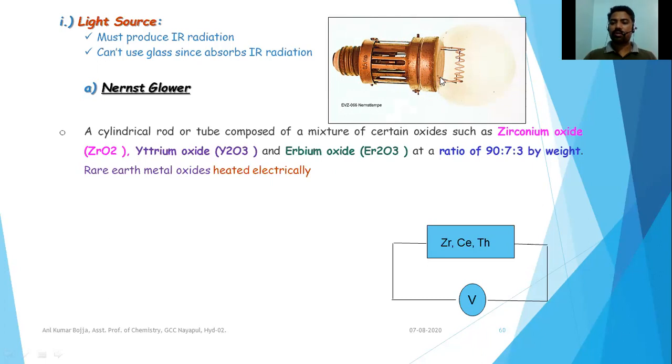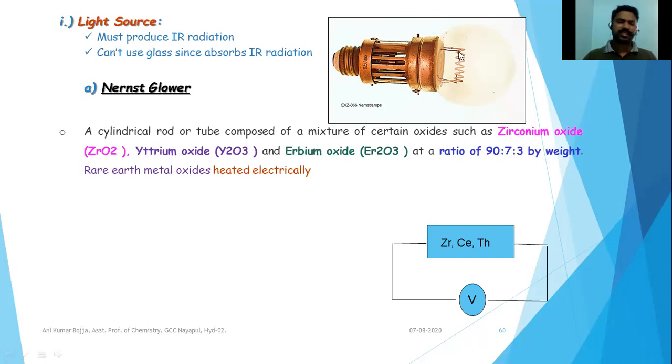These wires, I think, are platinum wires of the filament. They will supply the electricity to the filament so that the filament gets heated and produces light.